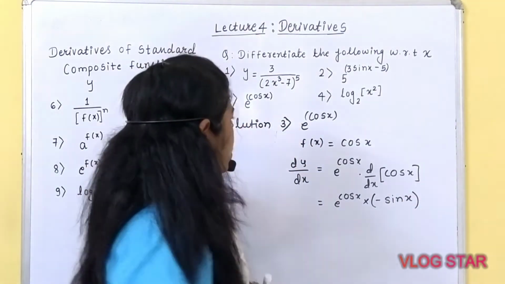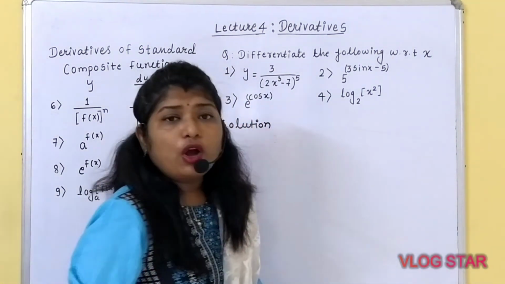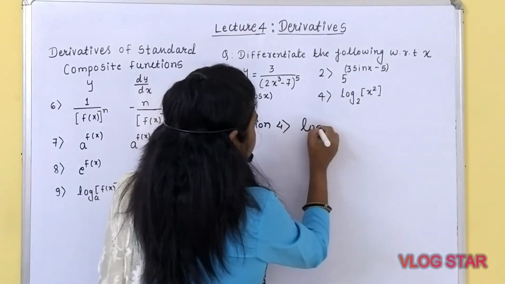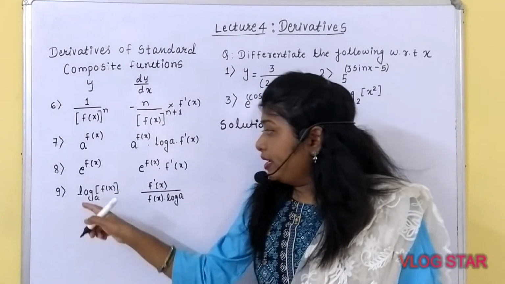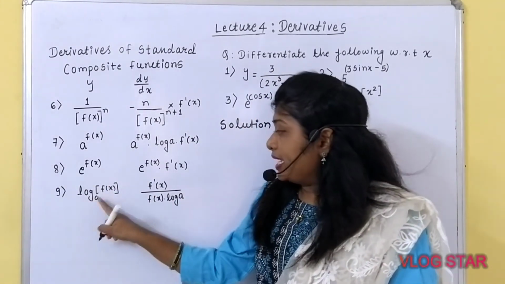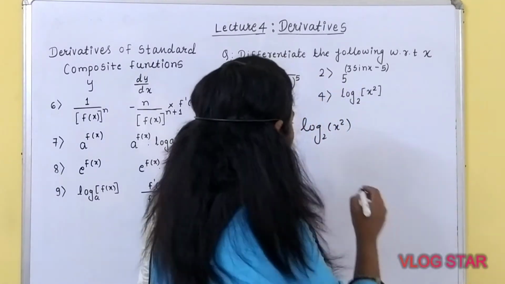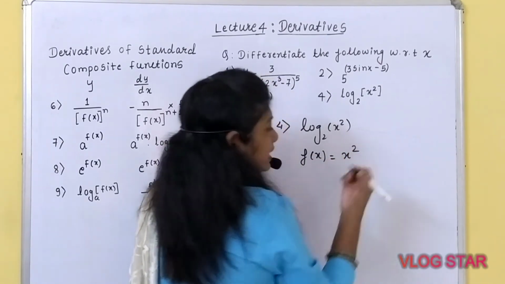Coming to the fourth solution, we need to calculate the derivative of log to the base 2 of x square. So as per result number 9, the derivative of log to the base a can be calculated by this formula. So we have to write down, as I told you, f of x in this case is x square.